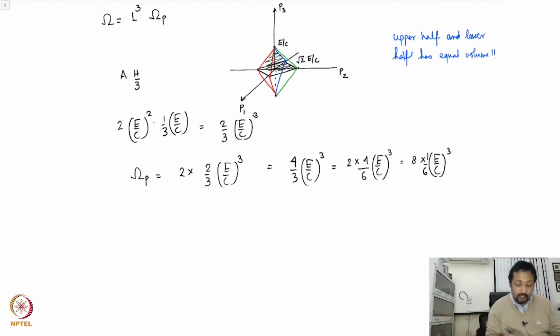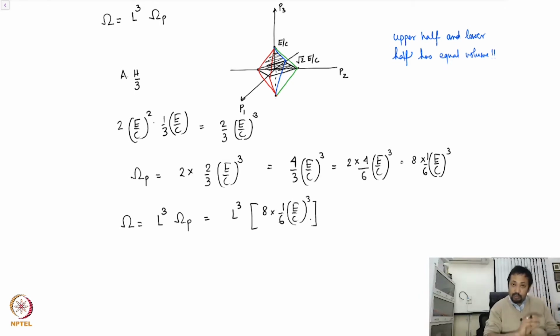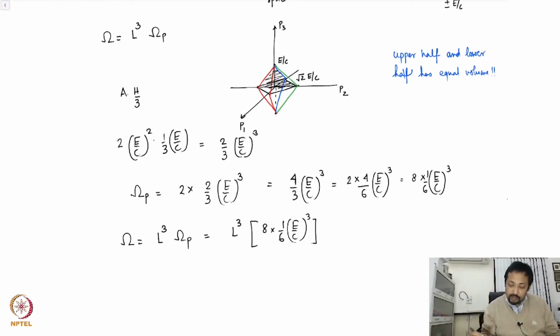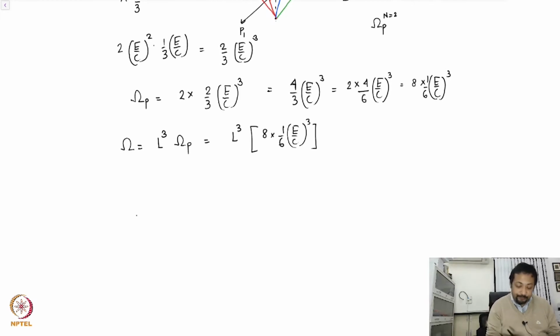So omega is L cubed omega P, which is L cubed times 8 times 1/6 times (E by c) whole cubed. Now the whole trick is to figure out the volume of a hyperdimensional pyramid. That we can do just by looking at these two examples. So when we had omega P, n is equal to 2, it was 2 half.